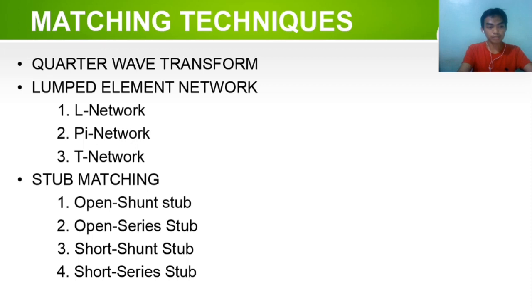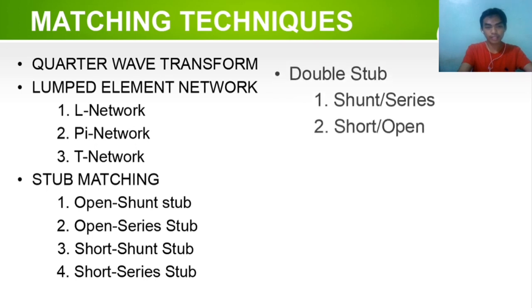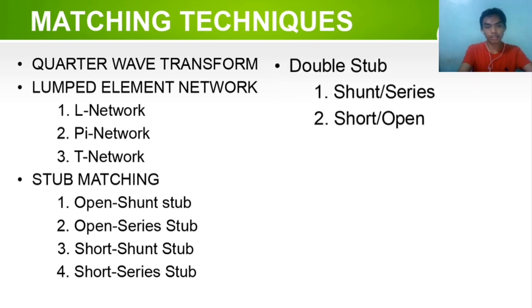There are four types. The first one is the open shunt stub. The next is the open series stub. The third is the short shunt stub, and the fourth is the short series stub. And lastly, the double stub, of which we have two types, the shunt series and the short open.